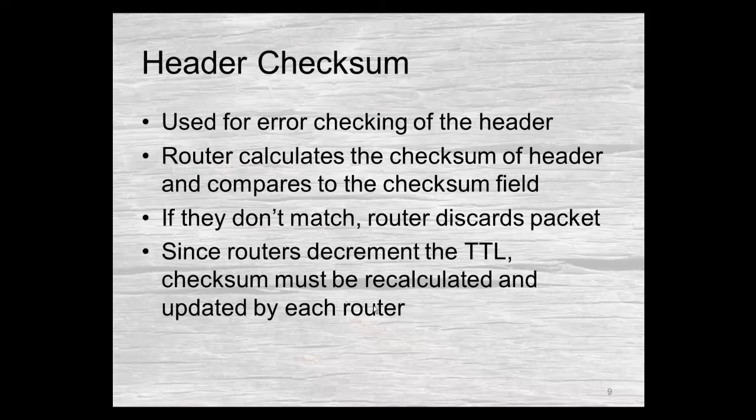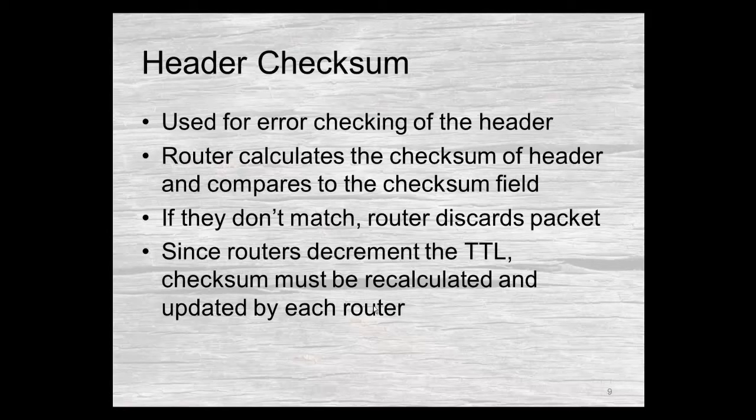The header checksum is used for checking the header. The router calculates the checksum when it receives a packet and compares it to the checksum field. If they don't match, it discards the packet. Now, the checksum field itself is figured in as a 0 because you don't know what the checksum would be until after you calculate it. We found that some of the NAT routers do not recalculate the checksum if it's being sent to the final destination.